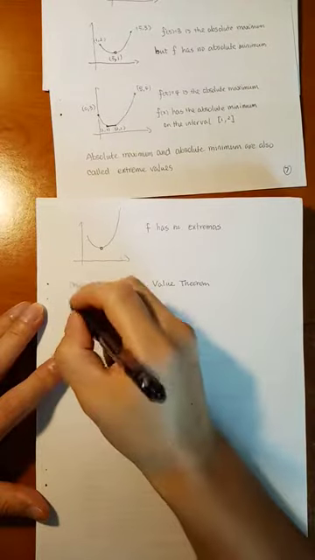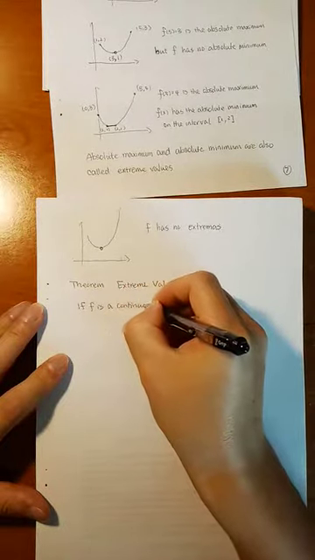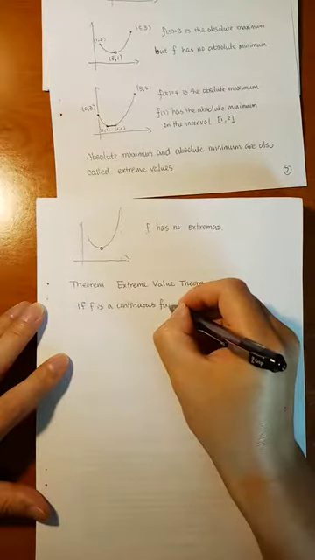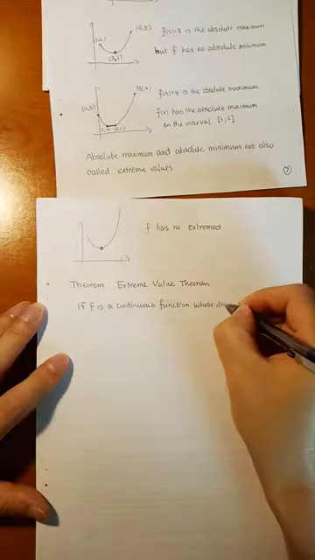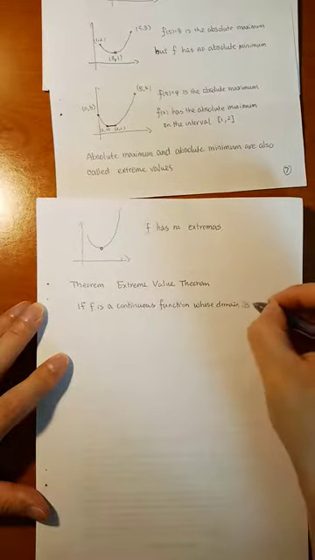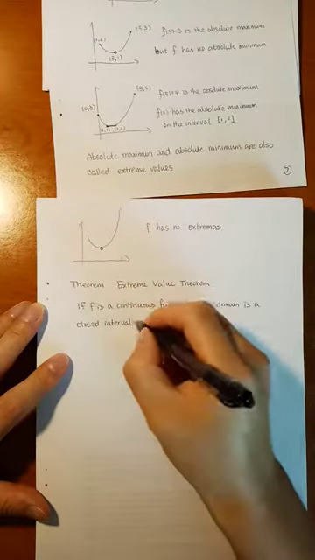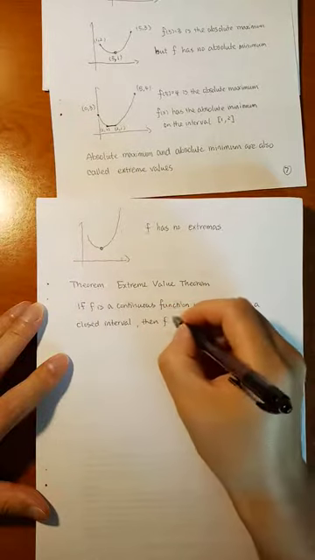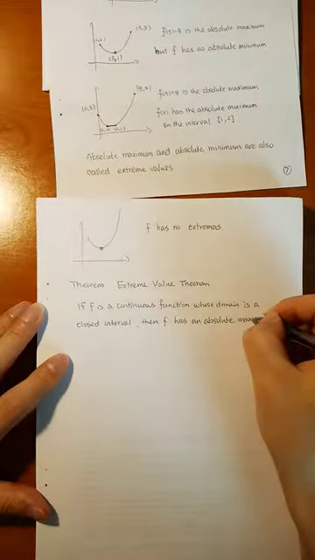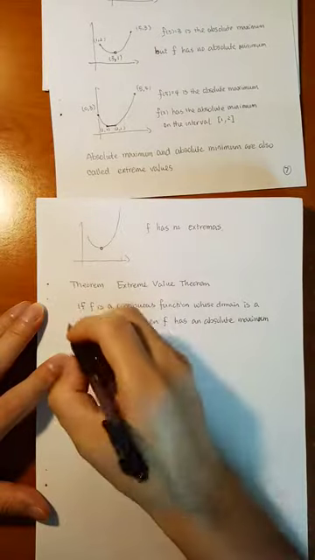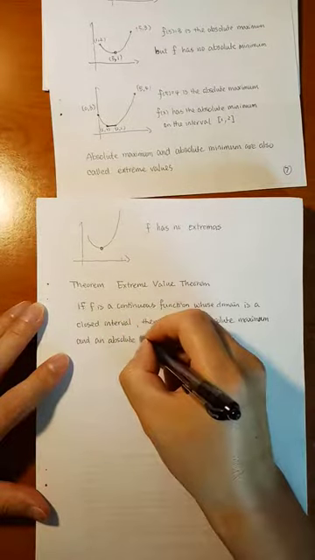The extreme value theorem says: if f is a continuous function, we will study what continuous means, if f is a continuous function whose domain is a closed interval, then f has an absolute maximum and an absolute minimum.